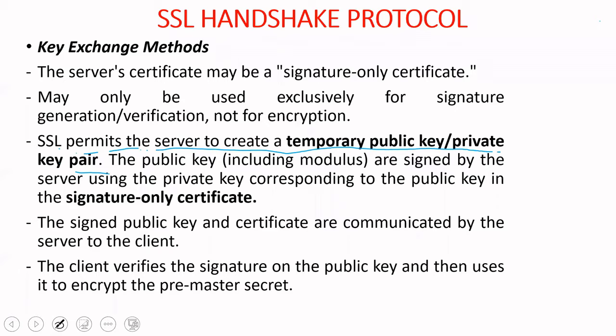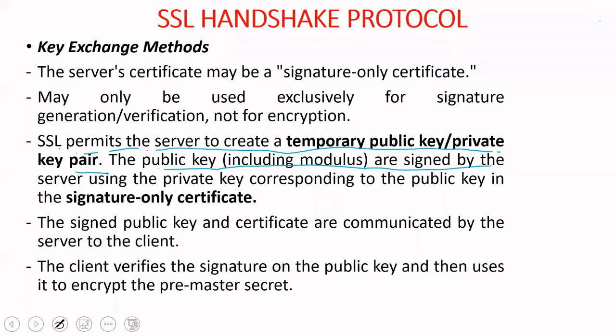Okay, since the key in the server certificate cannot be used for encryption, now the server creates a temporary public key private key pair. The private key it keeps with itself. The public key, including the modulus and whatever parameters are required, is signed by the private key that is there in the certificate.